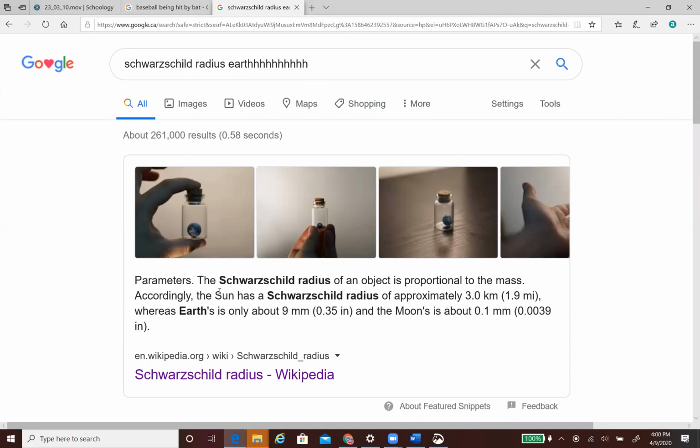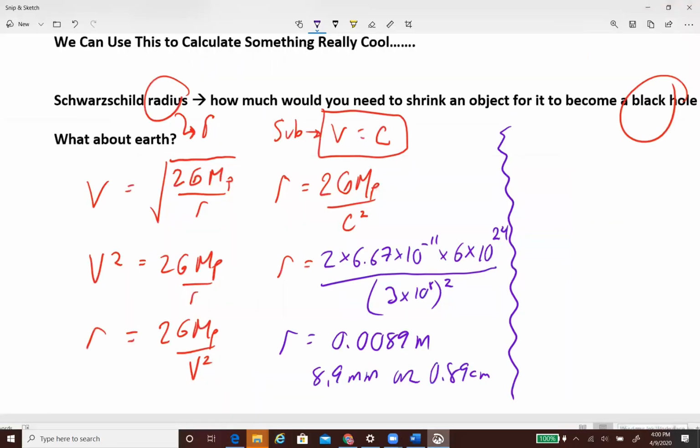What's interesting is it says that the Schwarzschild radius of the sun is about 3 kilometers. So if we did the same thing for the sun, we use the exact same formula: 2 times G times the mass of the sun, which is about 2 times 10 to the 30 kilograms, divided by the radius of the sun, divided by c squared.